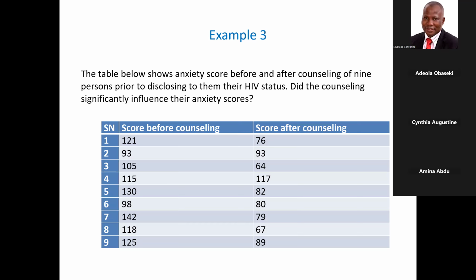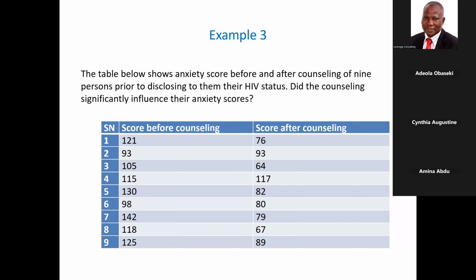Because when you go through the example, you understand it better. The table below shows anxiety scores before and after counseling of 9 persons prior to disclosing to them their HIV status. Did the counseling significantly influence their anxiety score?